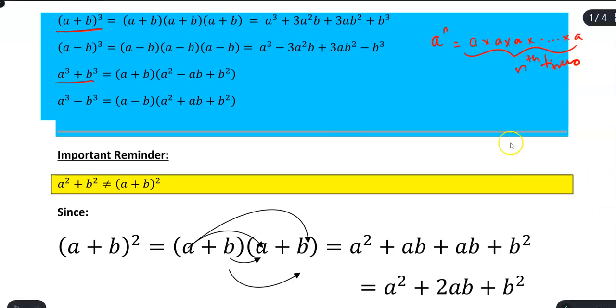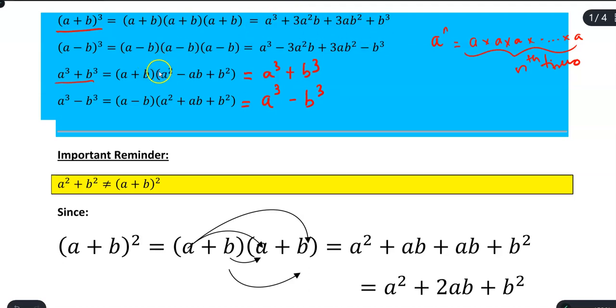If you distribute the terms for these two factors, then you end up with the original expression. If I distribute, I should end up with a cubed plus b cubed. I distribute this, I should end up with a cubed minus b cubed. So you see they are totally different from the expression above.